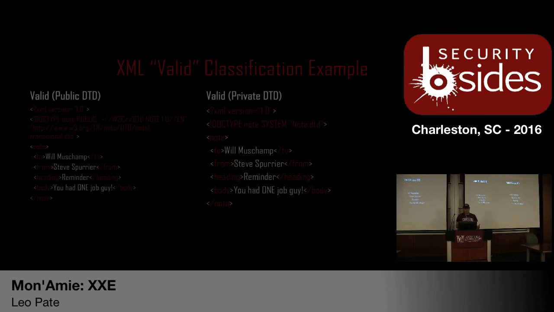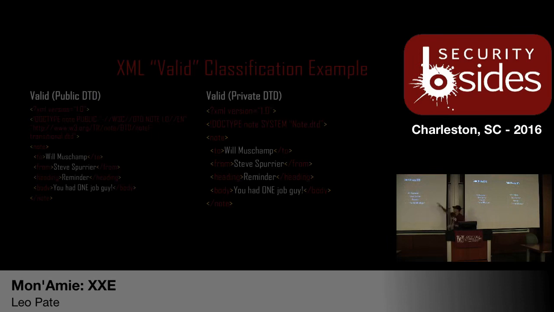So the next one is a private one. It's essentially the exact same thing. The only difference is that it's local to that machine, right? So here we have doc type note. Normally the second part after doc type is the first tag that is encompassing the entire document.